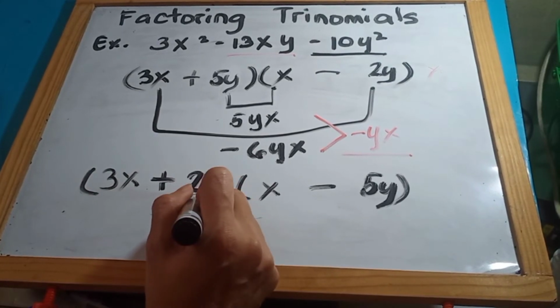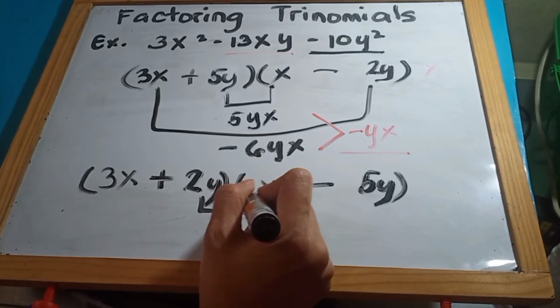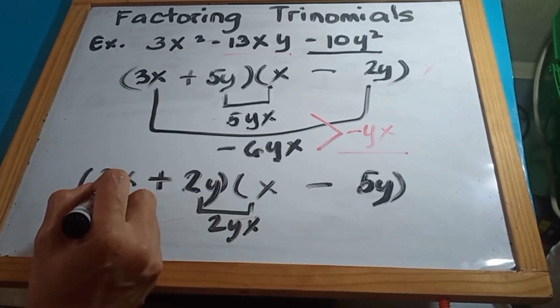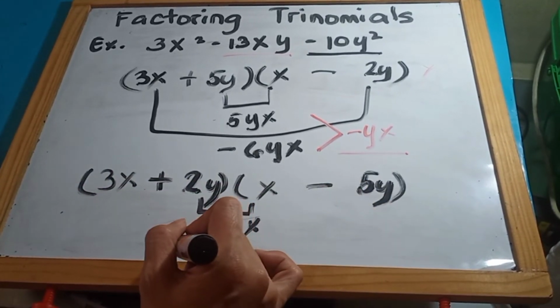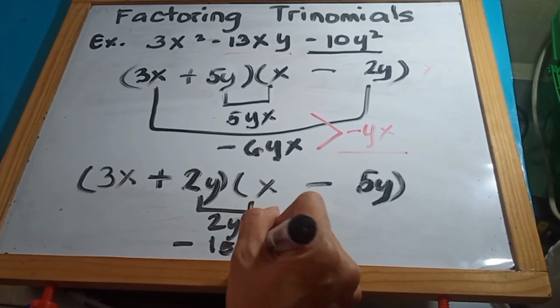So, let's check. 2y times x is 2yx, and 3x times negative 5y, that is negative 15yx.